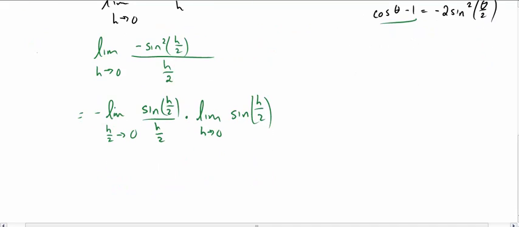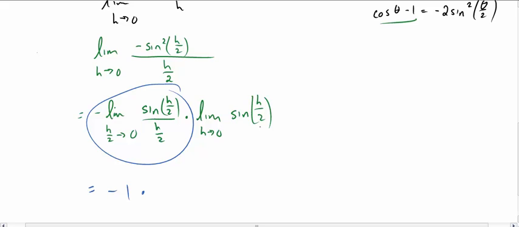And why do we do that? Well, this limit, we just saw what that's equal to. We know that that limit, if we were to replace this with an h instead of the h over 2's, is equal to 1. And we have the negative in front of it. Now what happens here as h goes to 0? As h goes to 0, we're getting closer and closer to, well, 0 divided by 2 is 0.